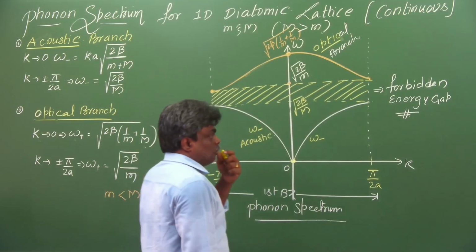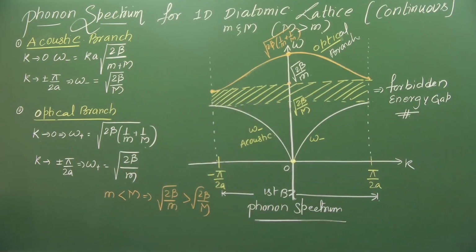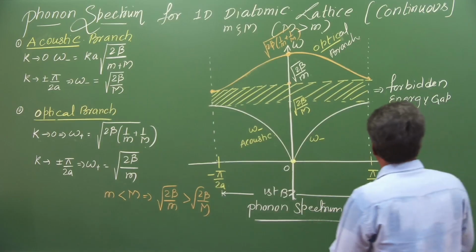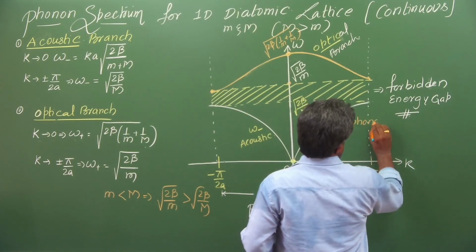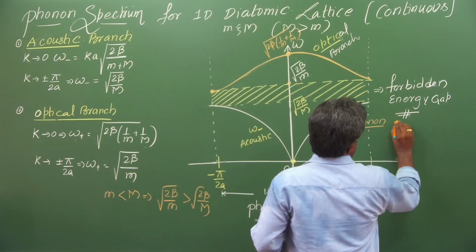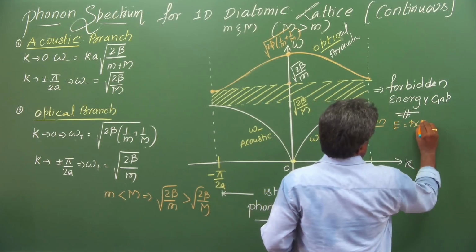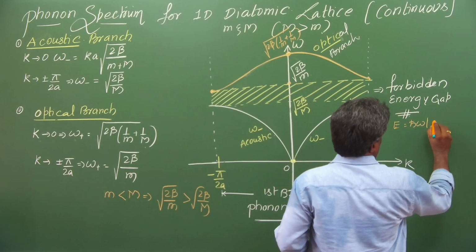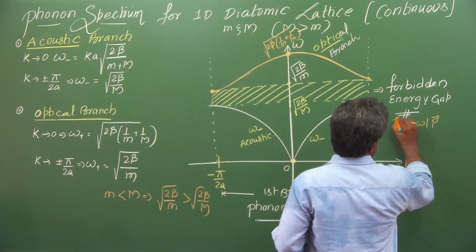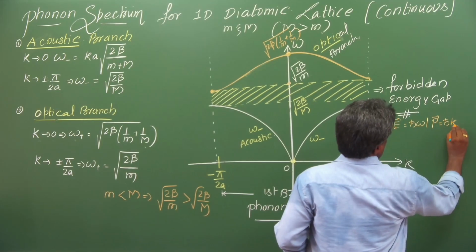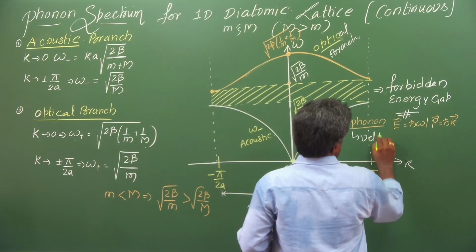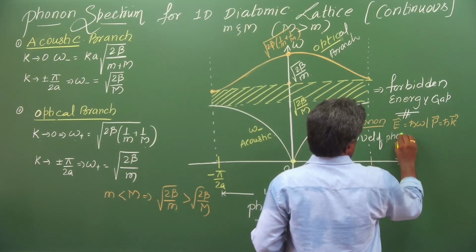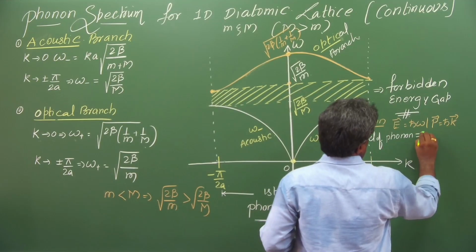Difference between phonon and photon: energy, same formula, h cross omega. And momentum, h cross k, no change at all. But the velocity of a phonon is velocity of sound.